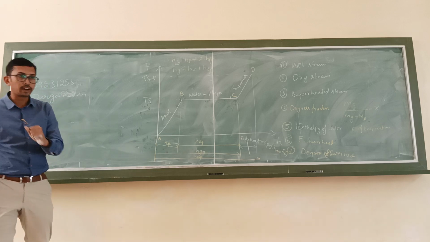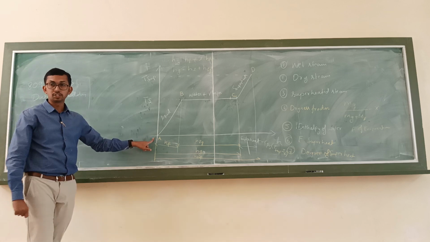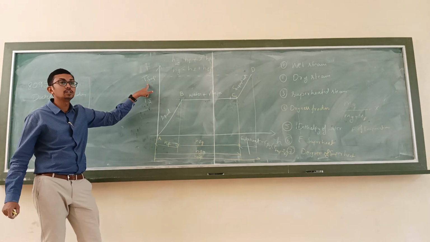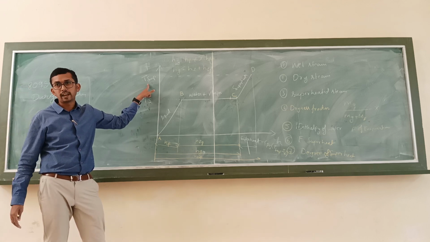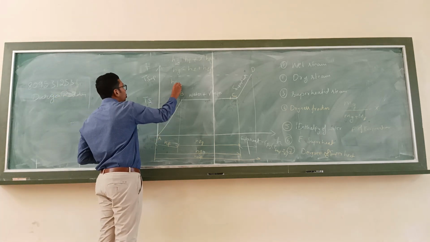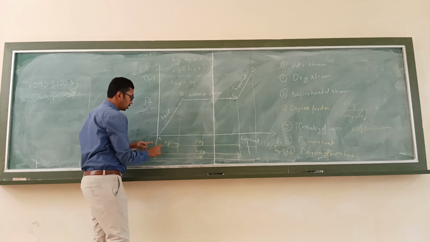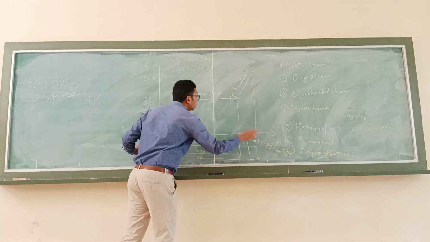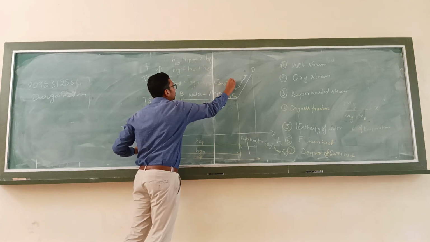Amount of heat required to convert 1 kg of water at 0 degrees Celsius to 1 kg of superheated steam at the given superheated temperature at a constant pressure is called as enthalpy of superheated steam. So the formula for the enthalpy of superheated steam, Hsup, is equal to Hg, so that means A to C, plus what? Cps into (Tsup minus Ts).